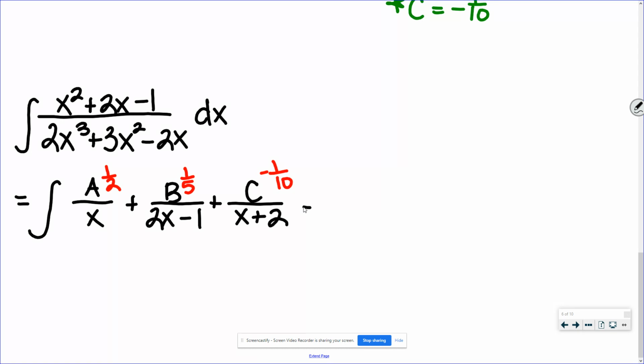Okay? So we're going to say that this would be equal to, you know what we could do to make it easier is put those constant values in the front since we're integrating.